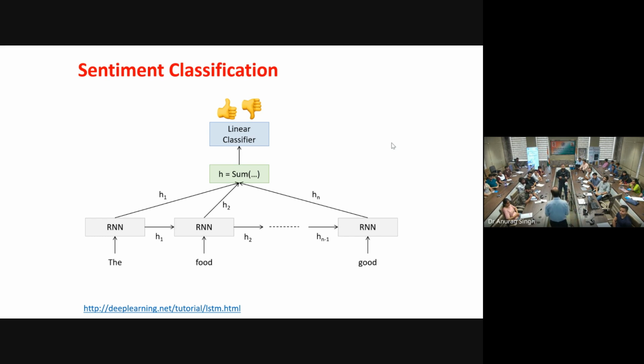But won't the successive cell compute wrongly if the previous cell has computed wrongly, because we are passing H2 to H3? No, I'm computing these. But we are then computing one single value, that is H. And then based on this H, I am going to compute the loss.